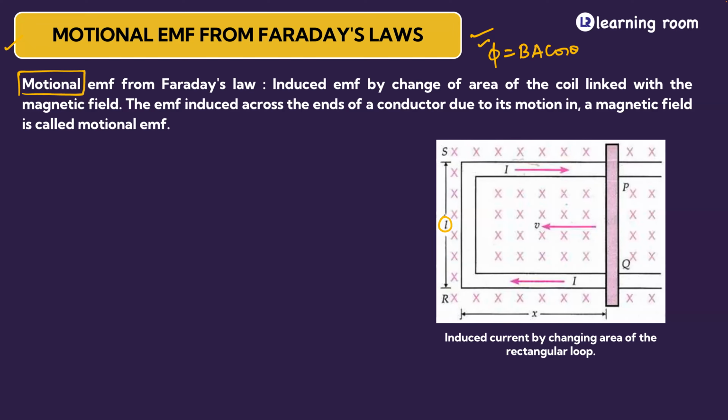Now this railing is again a conducting material, on top of which you make this conductor move. It is free to move and the surface is frictionless.